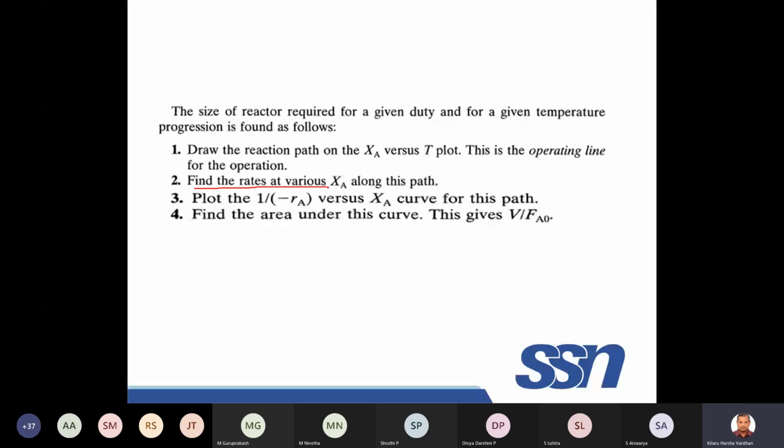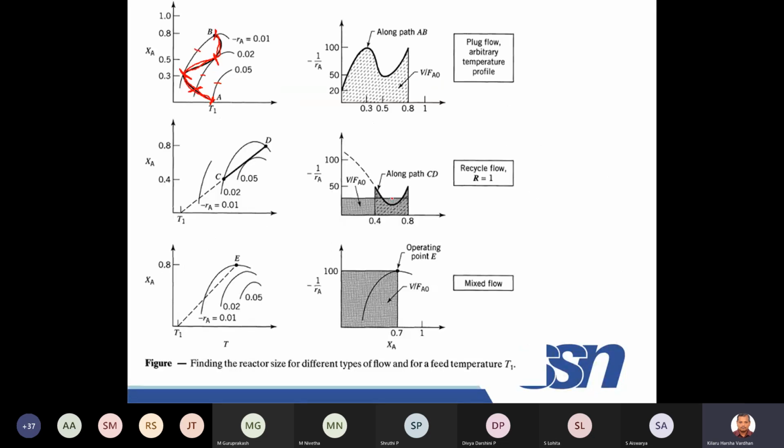Find the rates at various XAs along this path. At each of these particular points, you know what XA is.